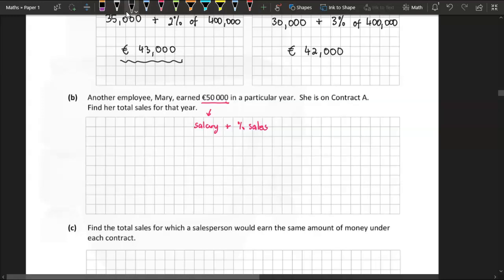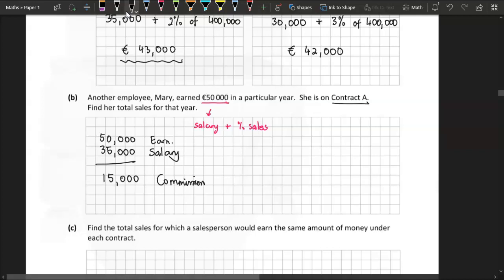Now, her salary, because she's on contract A, her salary is 35,000. So if she's got a 35,000 salary and she has 50 grand earnings over the year, that means she has made 15 grand just from commission. And that's sales commission.